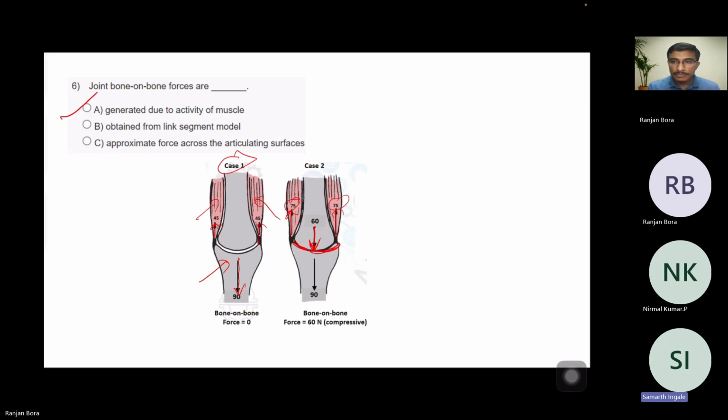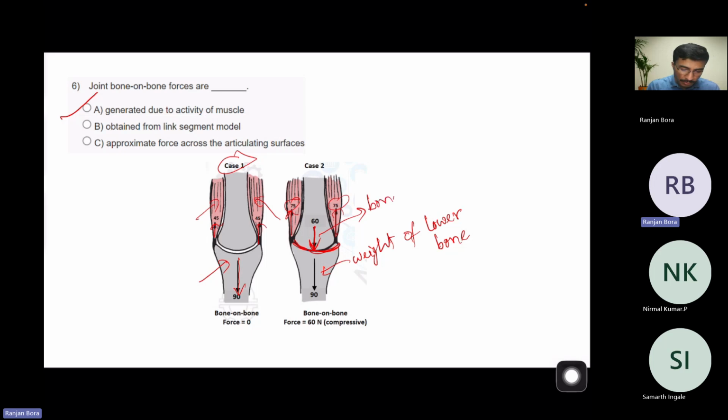Sir, the lower bone is being pulled, right? Not the upper bone. Yes, the lower bone is pulled. The arrow is showing downwards, like 60 downwards and 90 downwards. What does that mean? 90 is the weight of the lower bone, and 60 is the bone on bone force. So the lower bone is exerting force on the upper bone, right?